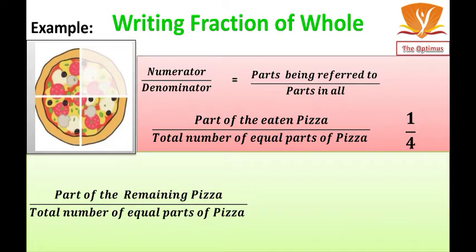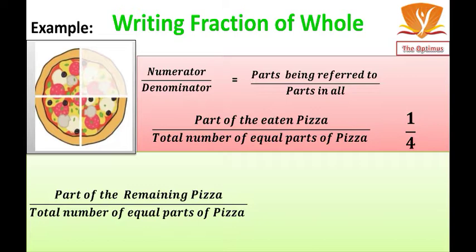So, one more question for you. What is the fraction of the remaining pizza? Yes, we are going to write the numerator and denominator. Numerator is nothing but the part being referred to. The denominator is nothing but parts in all.